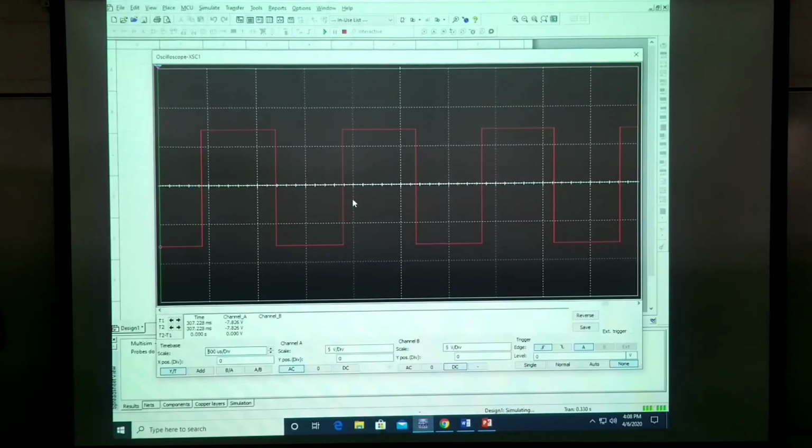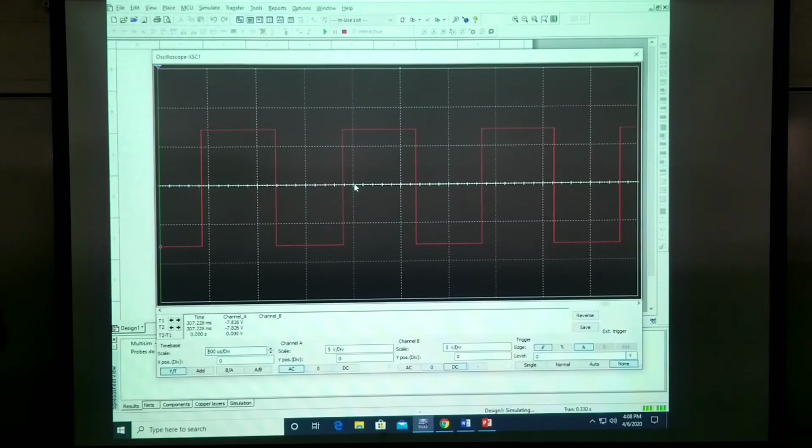So, looks like for this full wave, remember that we have it set for 500 microseconds per division. So that's from here to here is 500 microseconds. So, each little tick will be 100 microseconds.